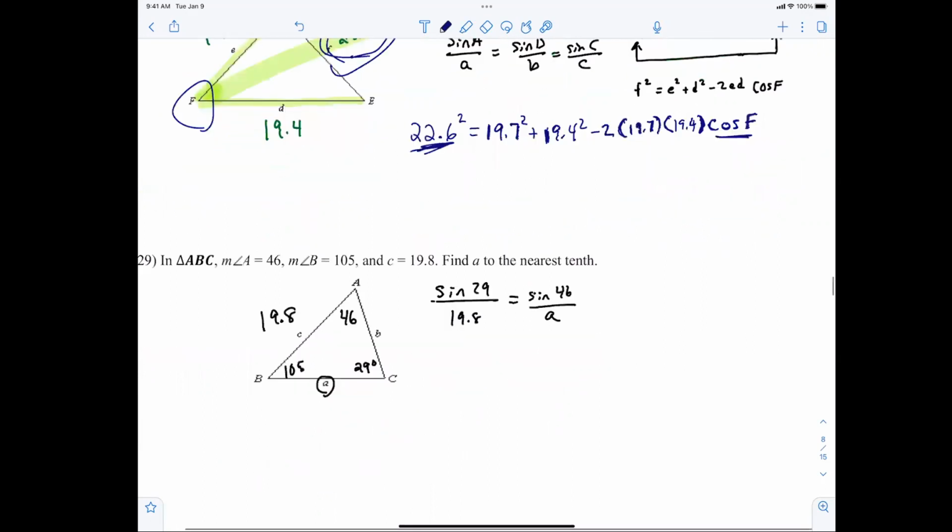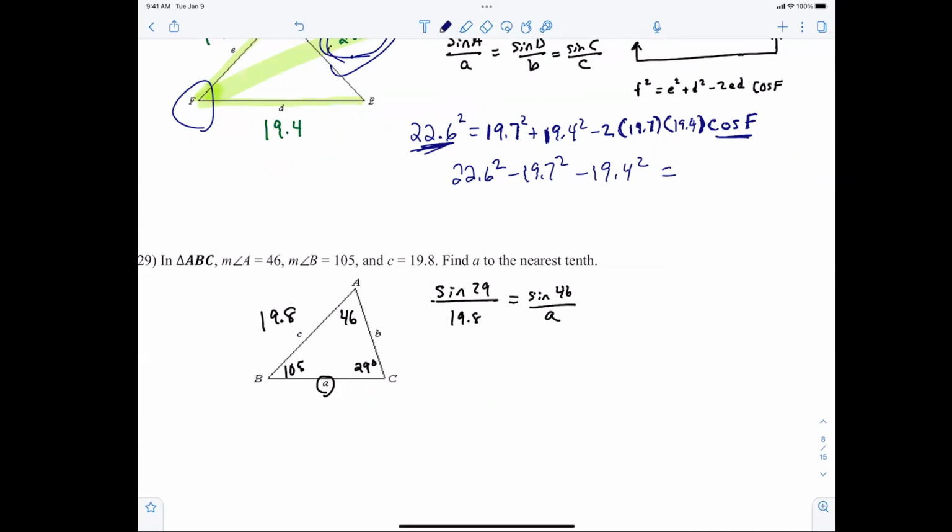Now from there, come on now, put on your algebra skills. Show them to me. I want you to say 22.6 squared minus 19.7 squared minus 19.4 squared. Hit the equal button.